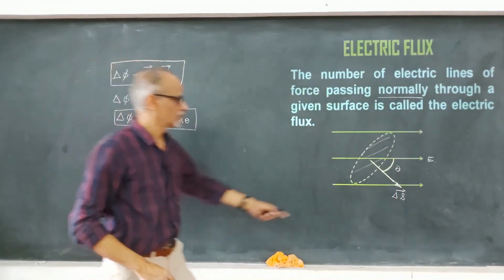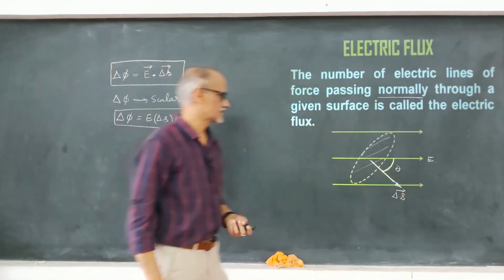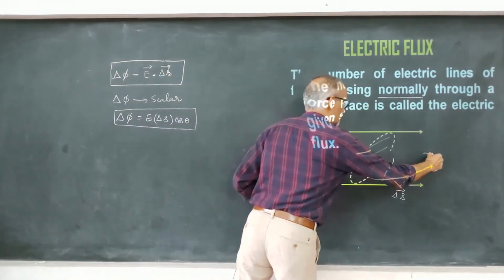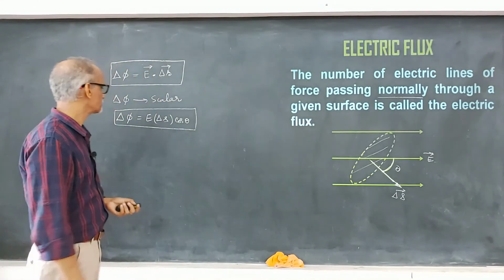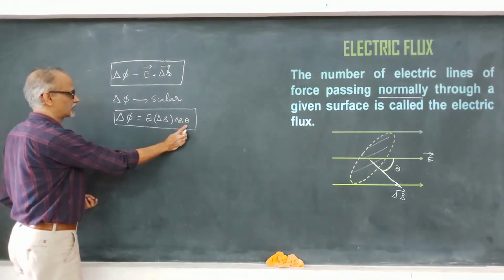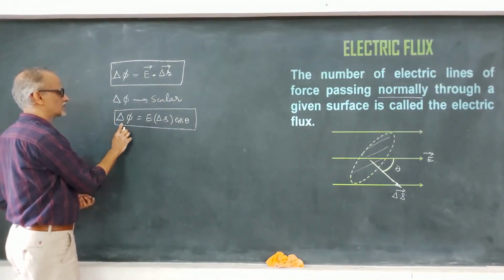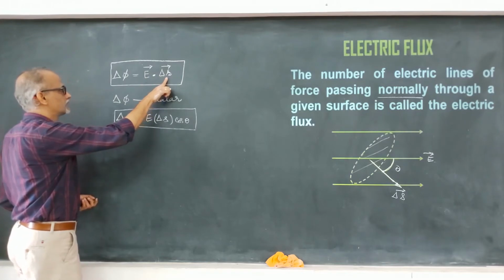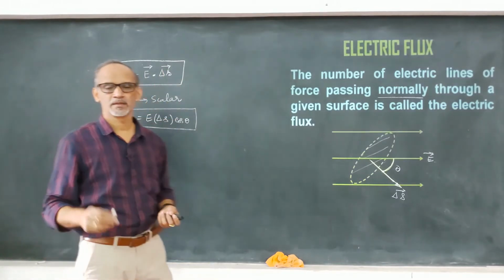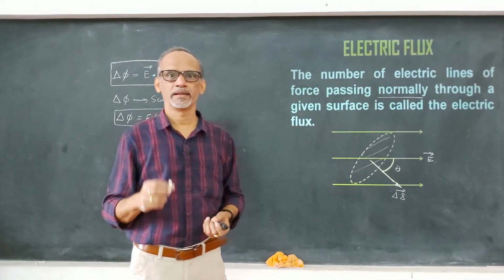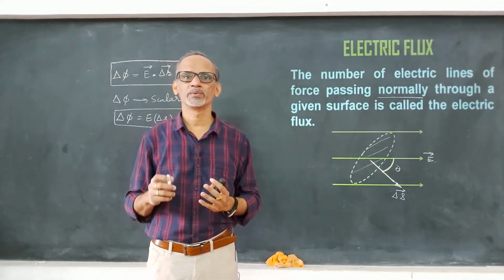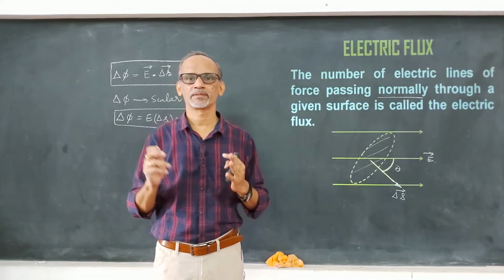E and delta S are the two vectors, and theta is the angle between them. So flux is the dot product of electric field and area vector. And how do we define electric flux? The number of electric lines of force passing normally through a given surface is called electric flux.